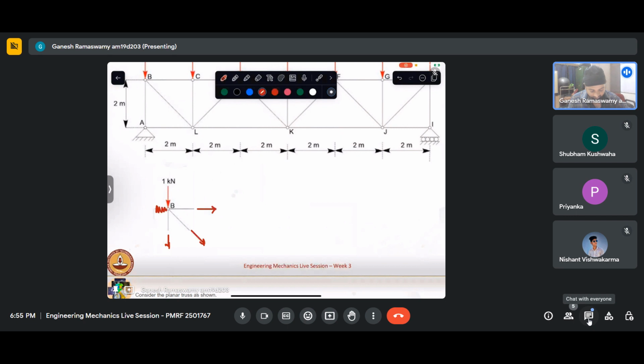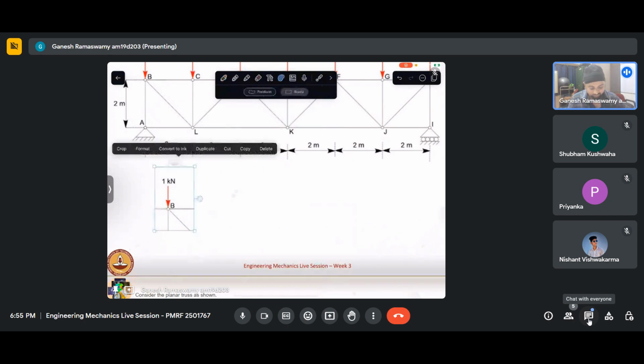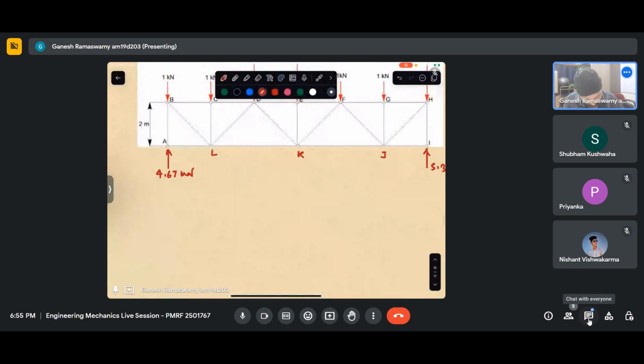Now, if I cut the section at one joint, we know that at a joint it is a concurrent force system.